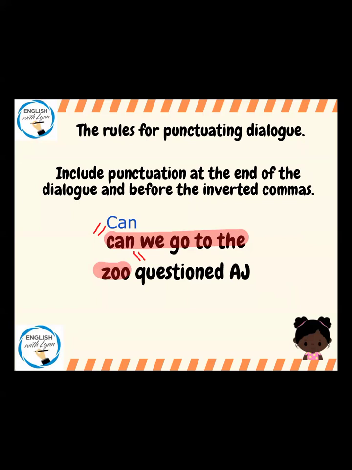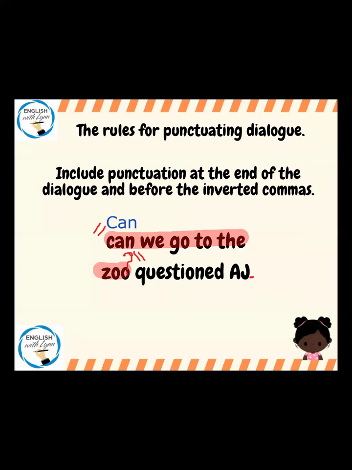So I need to put a question mark after the word "zoo," but before the inverted commas. And with this one, I also need to remember my full stop at the very end, because it shows that it is the end of a sentence. Okay, so those are the rules for if only one person is speaking.